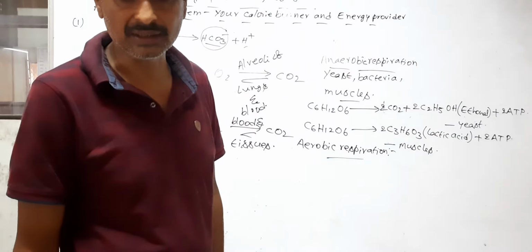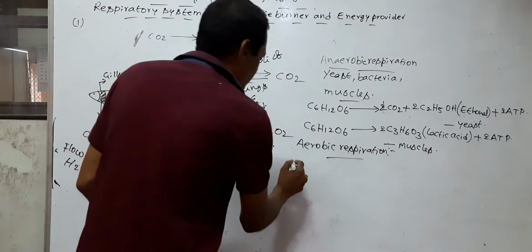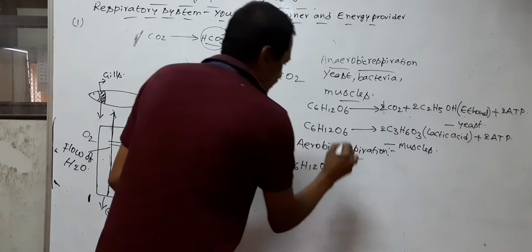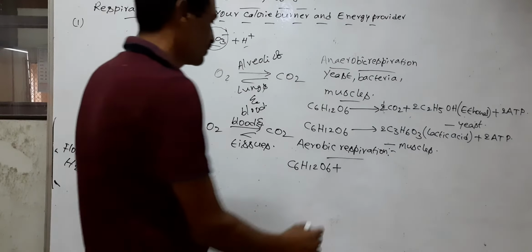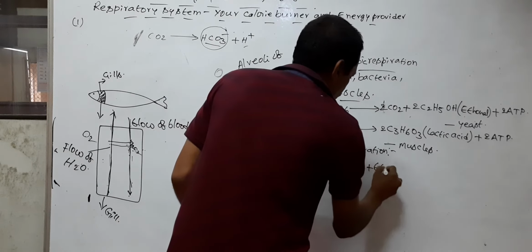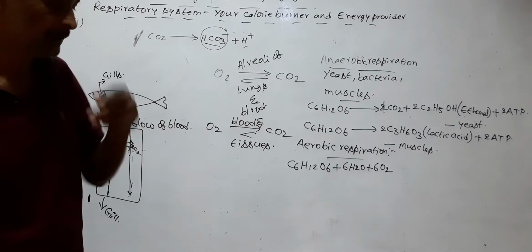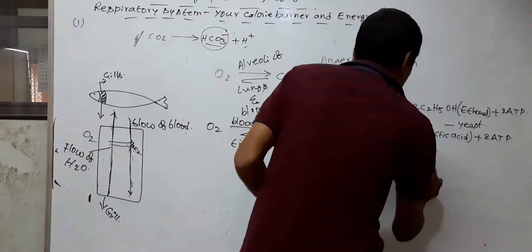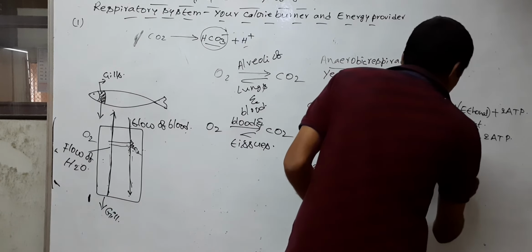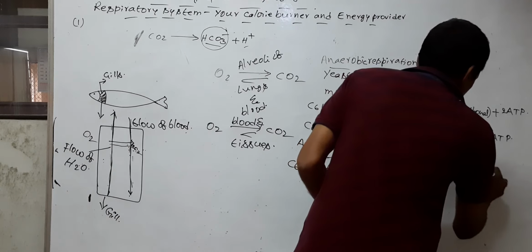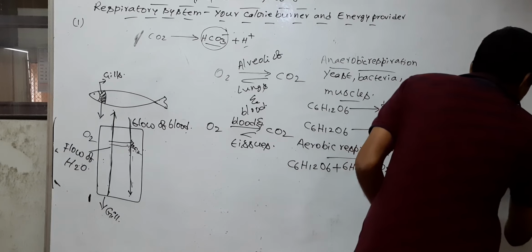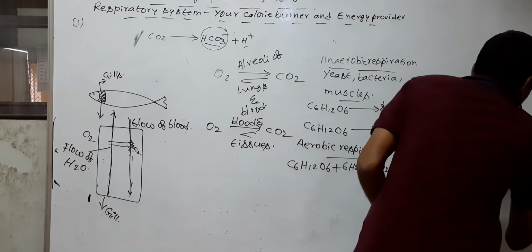aerobic respiration. In aerobic respiration, one molecule of glucose, C6H12O6, plus 6 O2, gives 6 CO2 plus 6 H2O plus 36 or 38 ATPs.